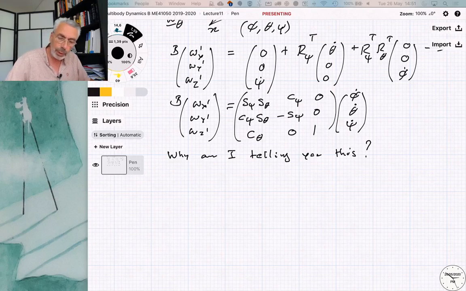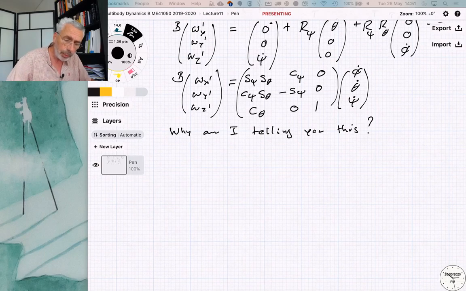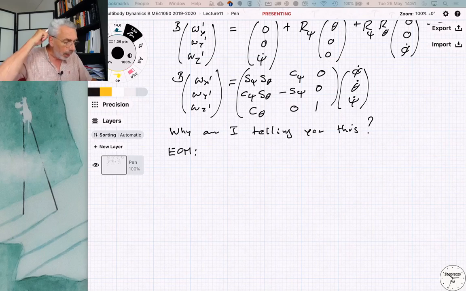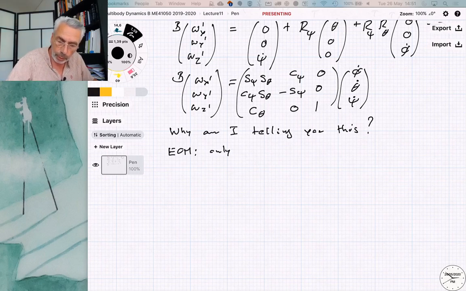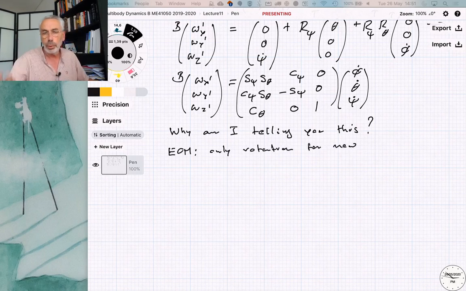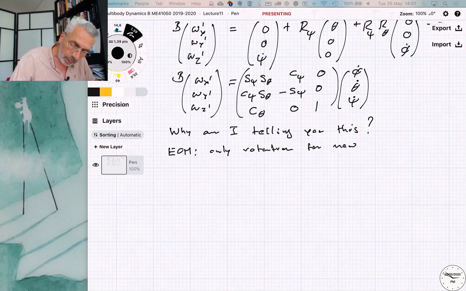Well, then we have to get back to our equations of motion. So let's look again at our equations of motion. And I now forget about the translational part, so I do only rotation, right? For now. Of course, to complement it, you also have to put the Newton equation.